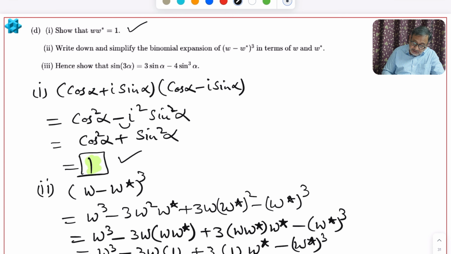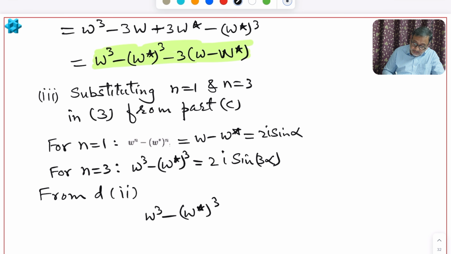Look here, w minus w conjugate, bracket cube is equal to this.